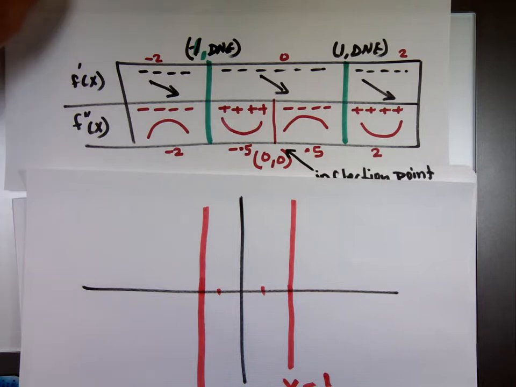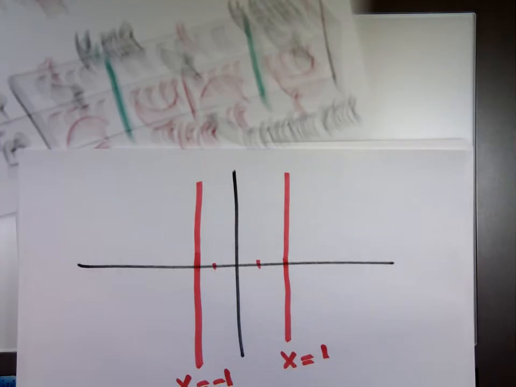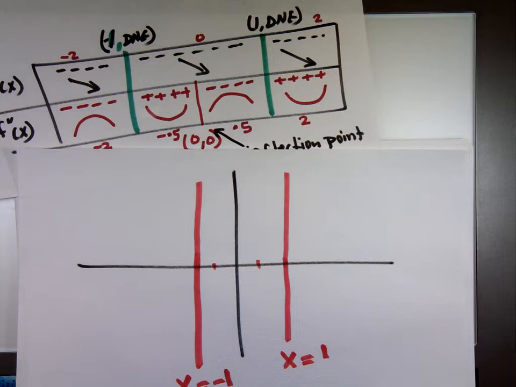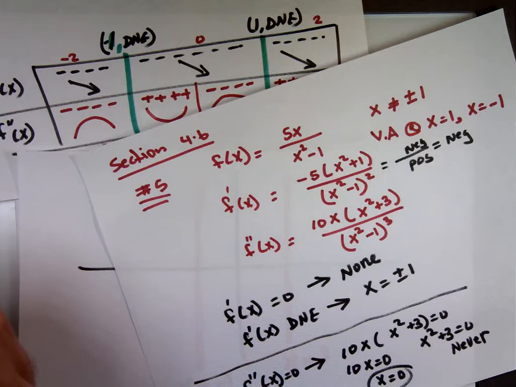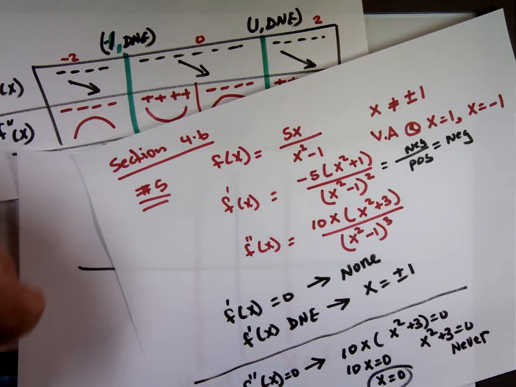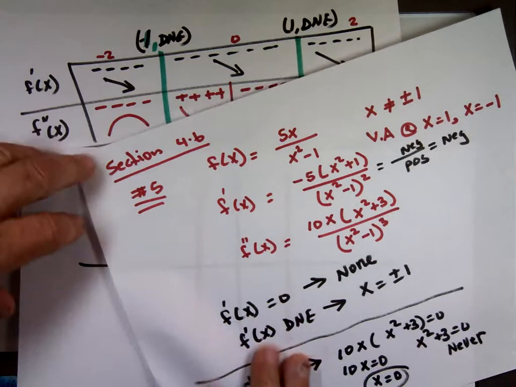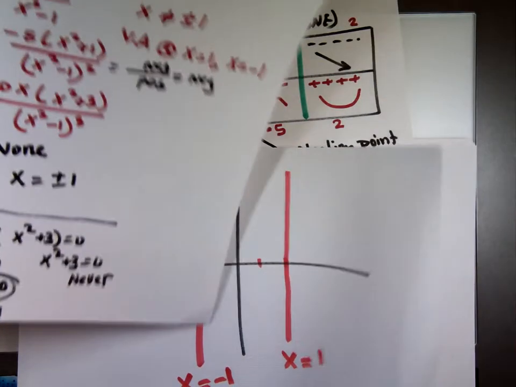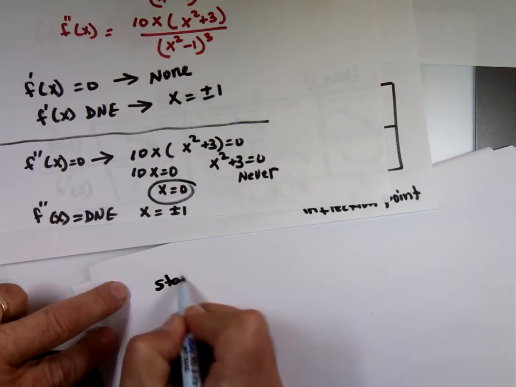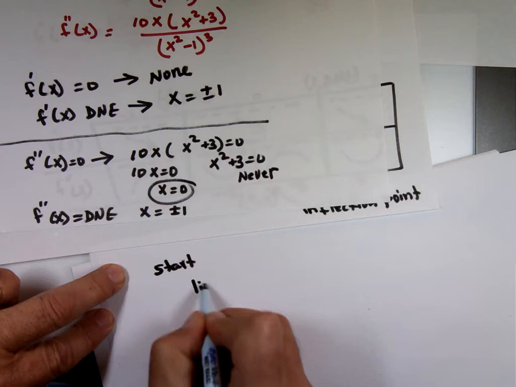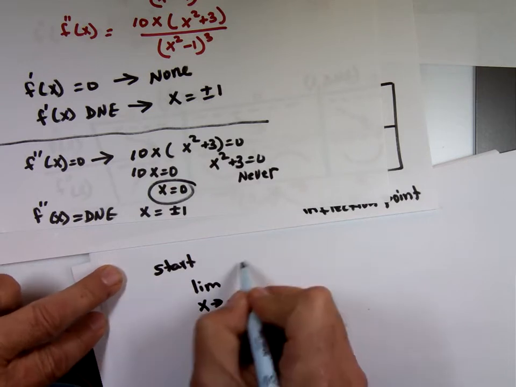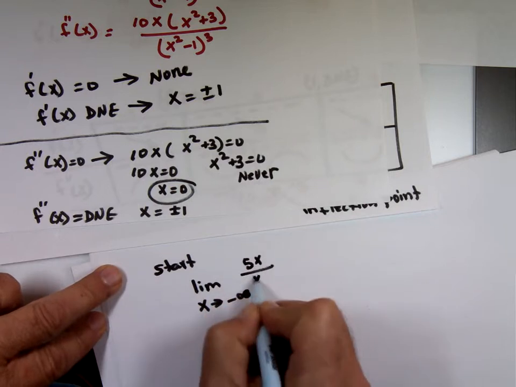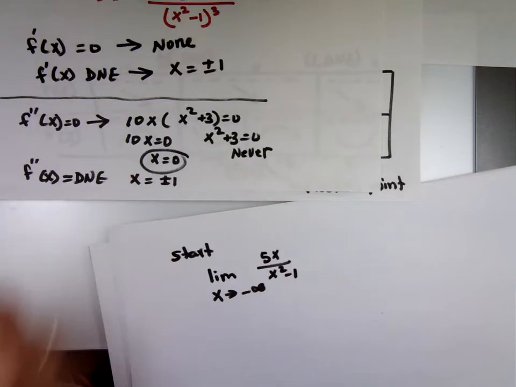Okay, one thing I didn't do yet: where does the function start from and where does the function end? How do we find that? So, the start, we take the limit as x approaches negative infinity of the function. Notice that's bottom heavy.